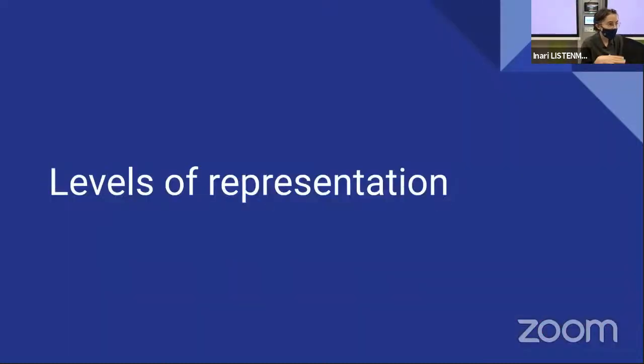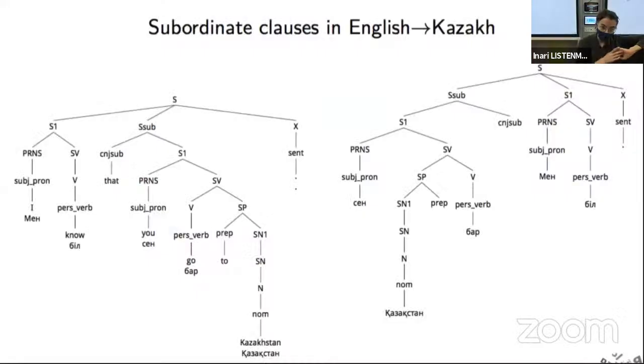So the next thing I'm going to talk about is how many levels, kind of layers, we have, because in GF we have all this abstract and concrete syntax. So let's talk a bit more about that.